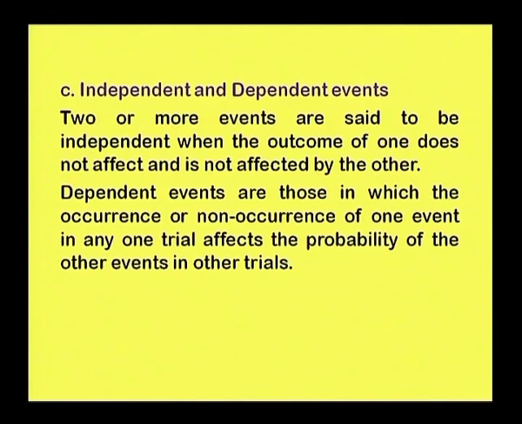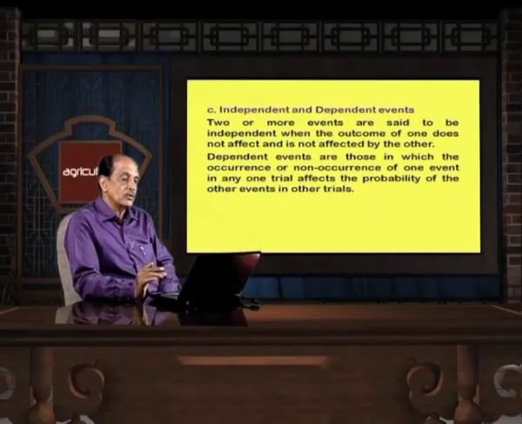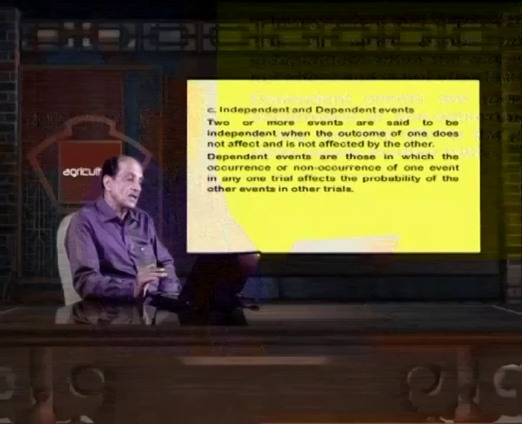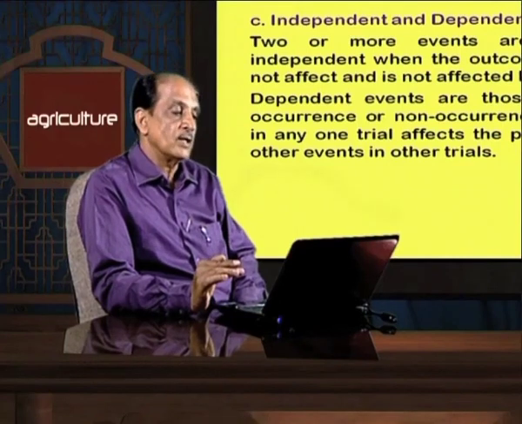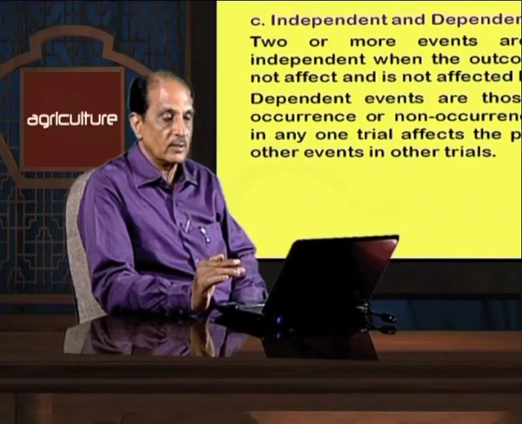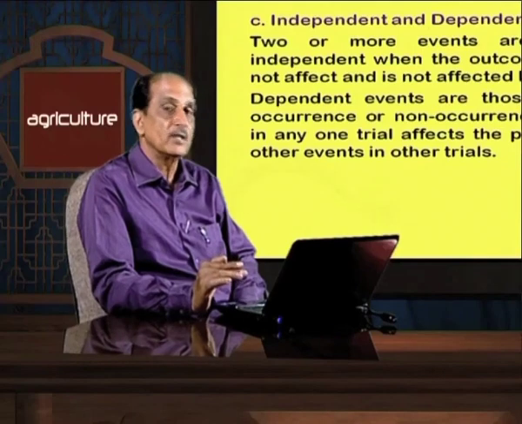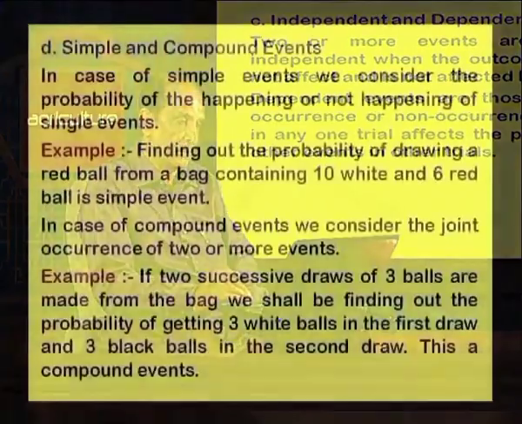Dependent events are those in which the occurrence or non-occurrence of one event in any one trial affects the probability of the other event in the other trials. Or we can say that whenever the occurrence of one event depends on the occurrence of the second event, then both are mutually related, and they are regarded as dependent events.